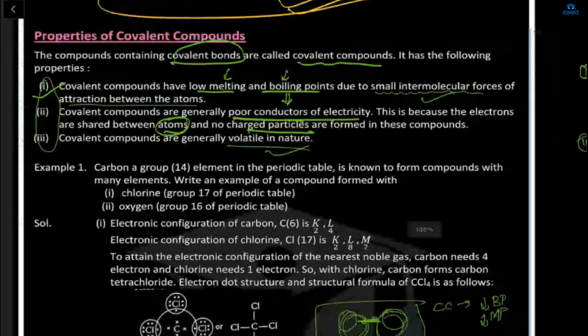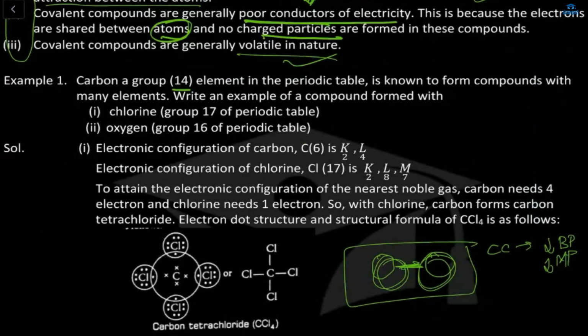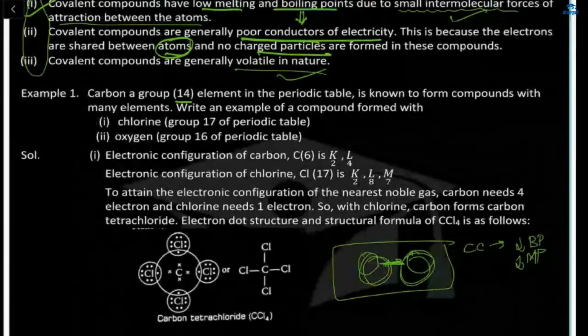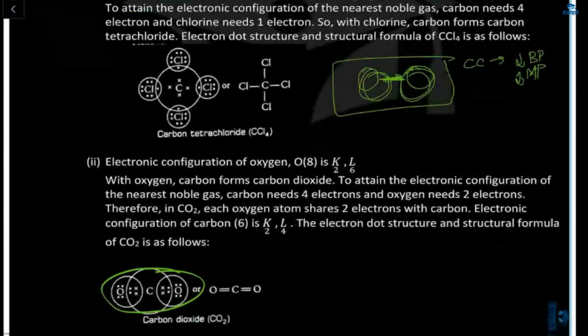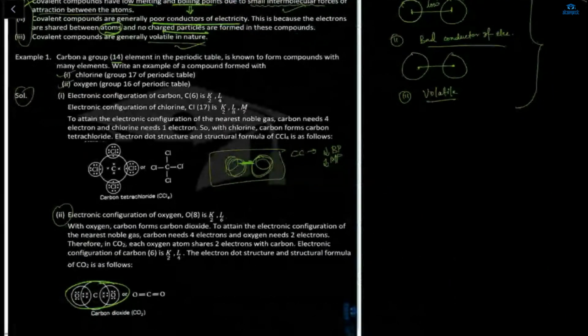The example says carbon, a group 14 element in the periodic classification, is known to form compounds. Here carbon is first combining with chlorine, and second it will combine with oxygen. Carbon has how many electrons in the outermost shell?